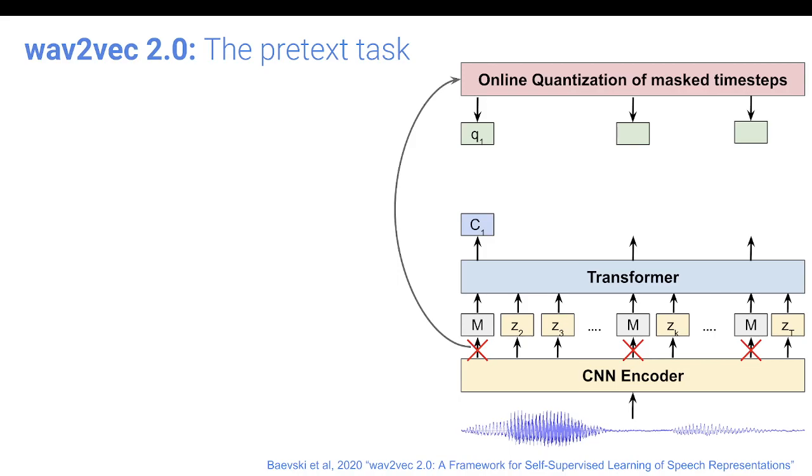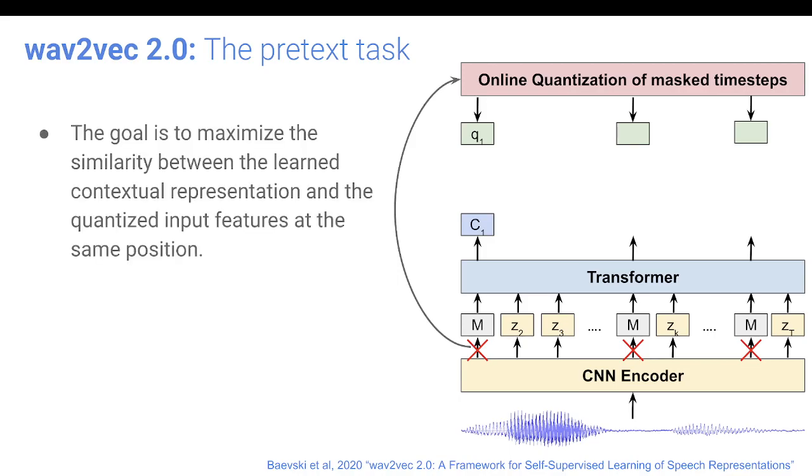The whole philosophy of the model is to maximize the similarity between the learned contextual representation C, given the masked view, and the quantized input features at the same position.